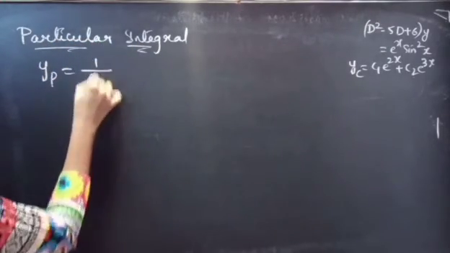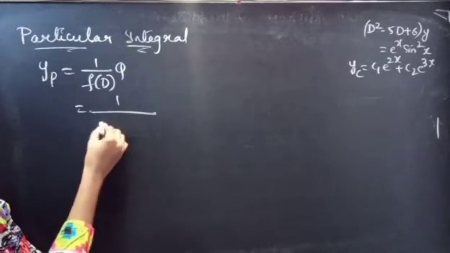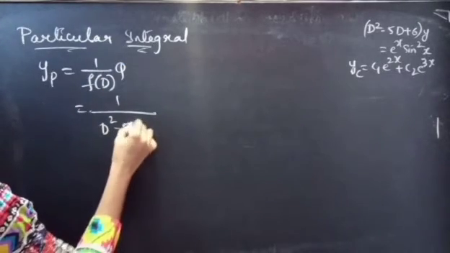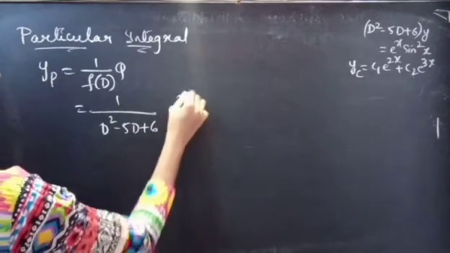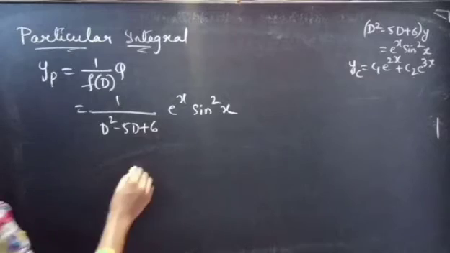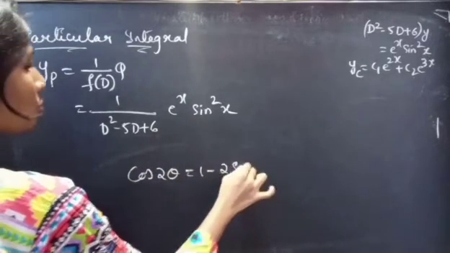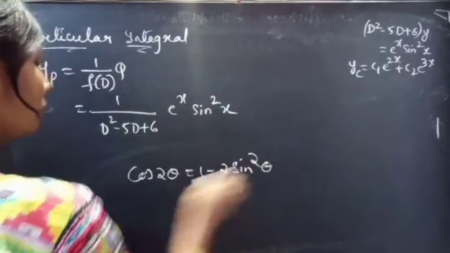You can find the particular integral using 1/f(D) Q. We have f(D) and Q, where f(D) is D² − 5D + 6 and Q is e^x sin²x. Cos 2θ = 1 − 2 sin²θ.